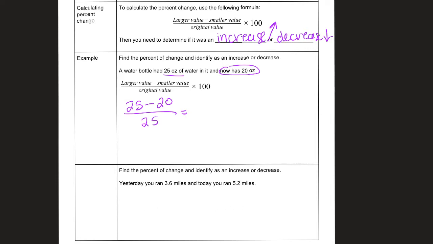I'm just going to do the subtraction now. 25 minus 20 is 5, divided by 25. 5 divided by 25 is 0.2. Then I'm going to do times 100. I get 20%. And it has less in it now than it did before, so that is a decrease.